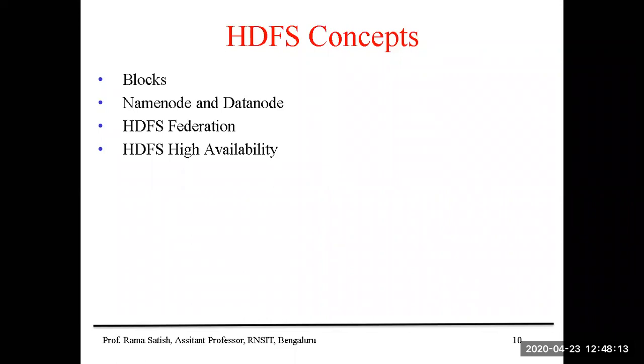High availability means it never has the concept of failure. Even though there are a lot of problems with respect to data nodes and data storage, Hadoop manages in such a way that data is always available. Coming to the first concept of HDFS, we'll see the blocks.